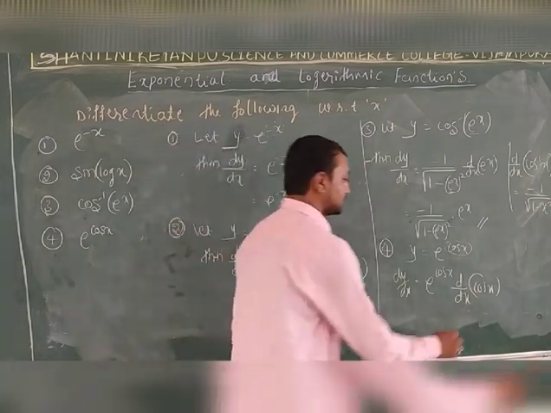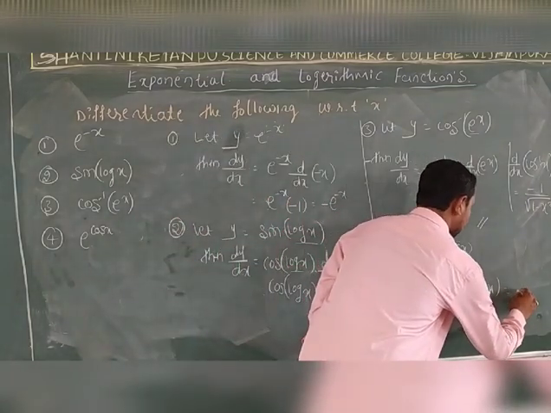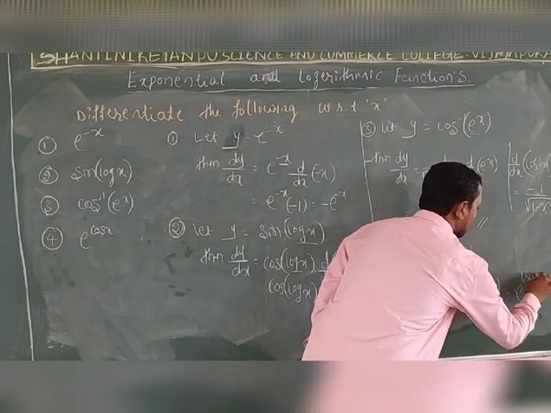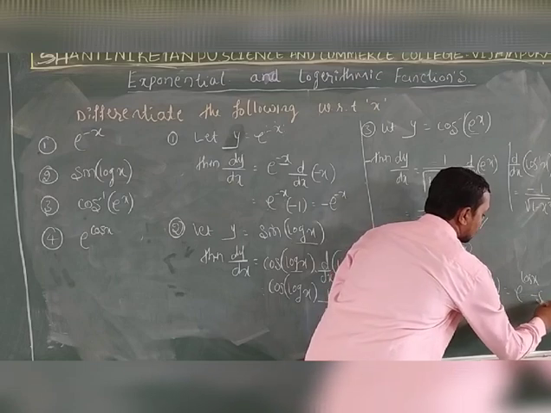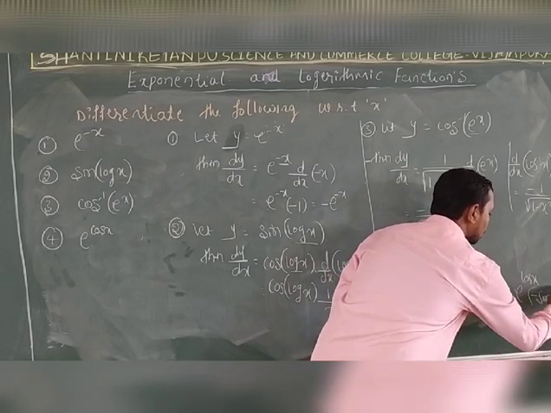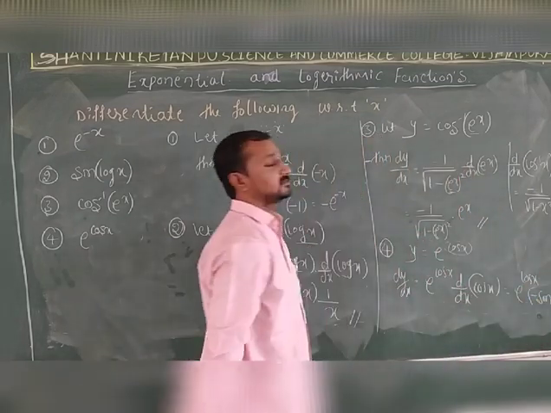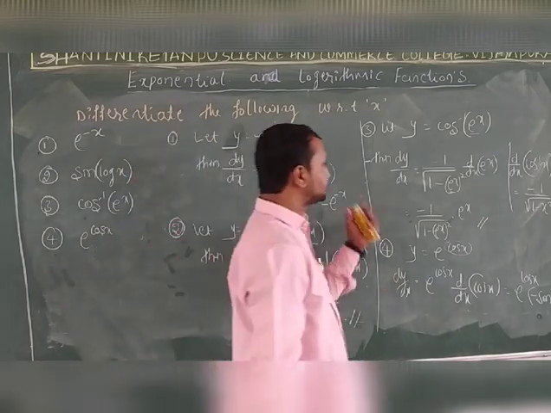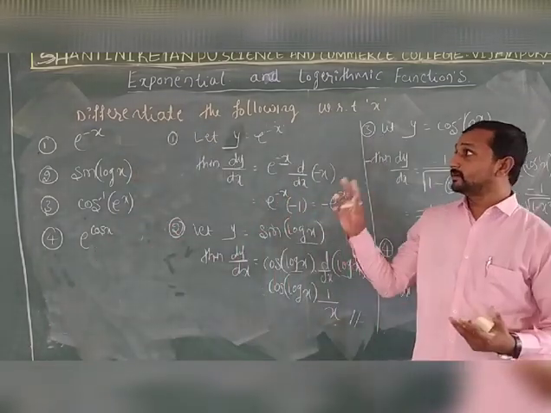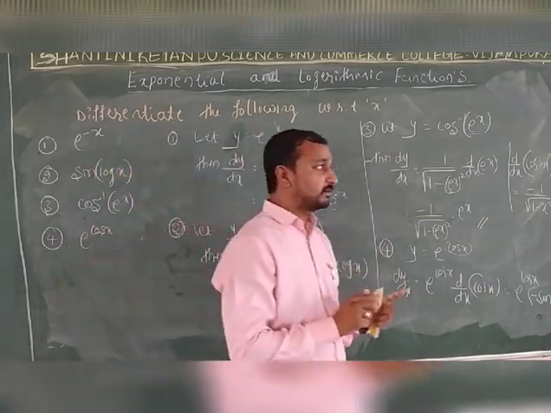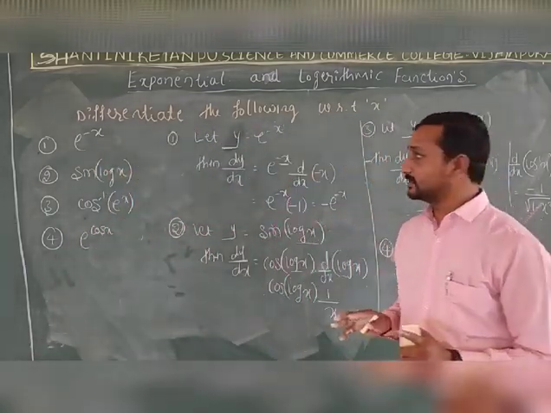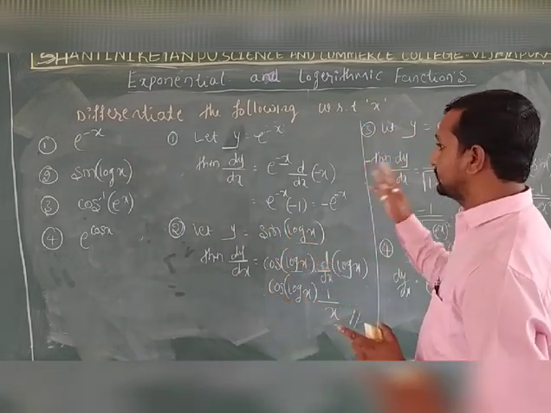Is that clear? So the result is e raised to cos x into d by dx of cos x, which is minus sin x. This is the derivative of exponential function as well as logarithmic function by using derivative of composition of a function. Is that clear?